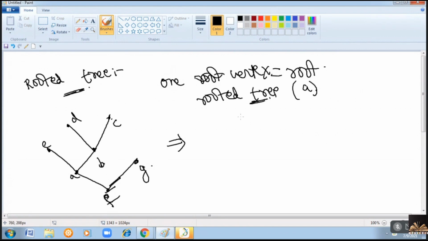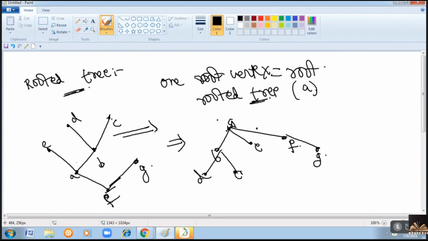Then what is the rooted tree? The rooted tree will look like A. To A we have E, B. To B we have D and C. And one more is there, F to G. Clear? So this is a rooted tree.